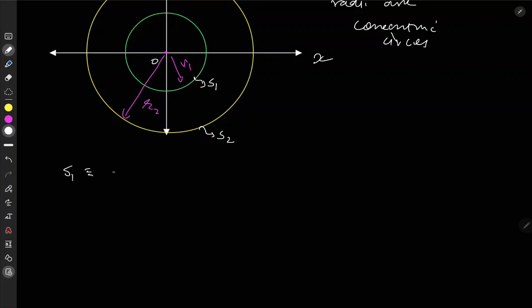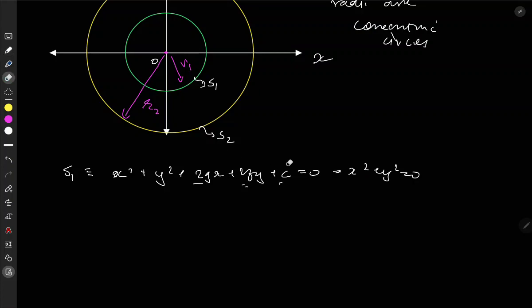So S1 can be equated to x square plus y square plus 2gx plus 2fy plus c equal to 0. Now you may say that in this case the center is the origin, so the terms in x, y and c would get eliminated and the equation would be x square plus y square equal to 0.